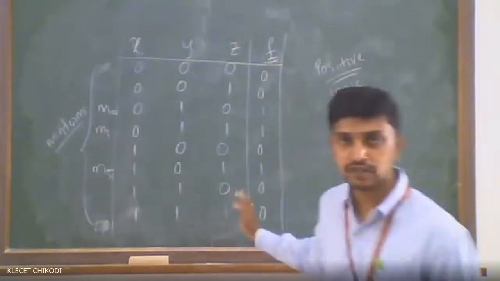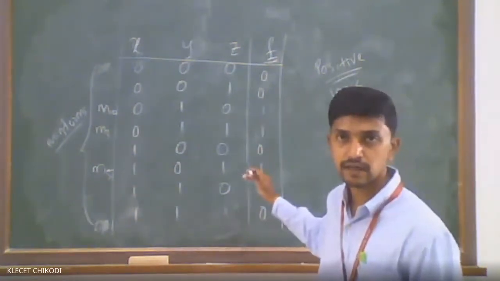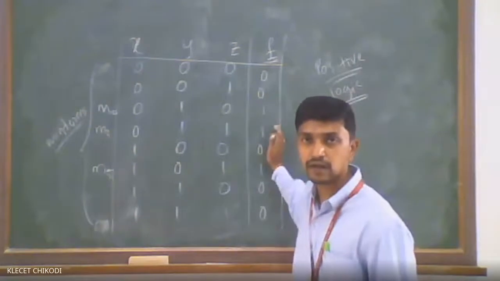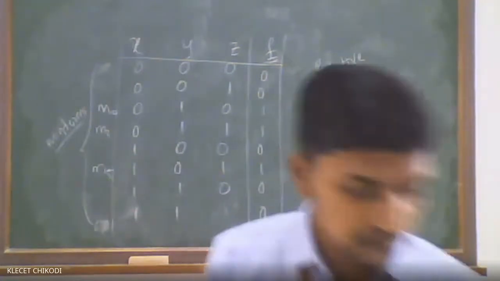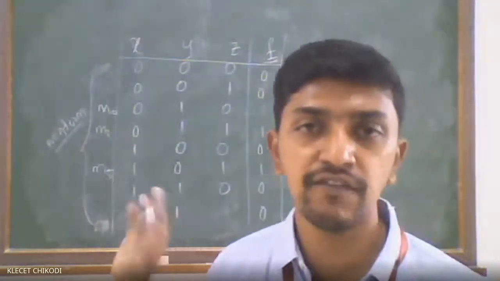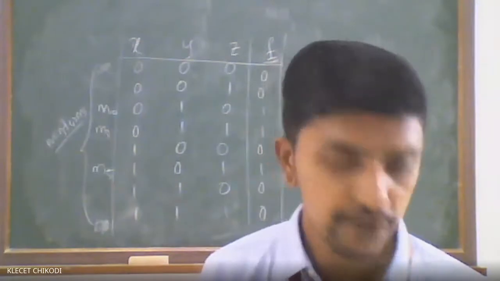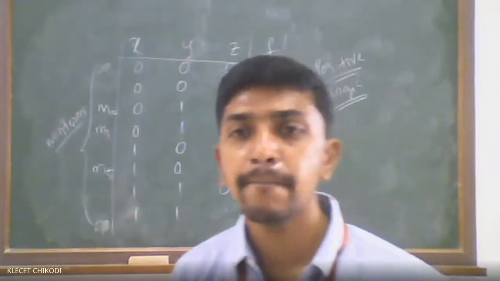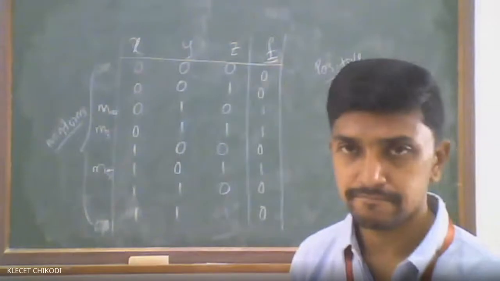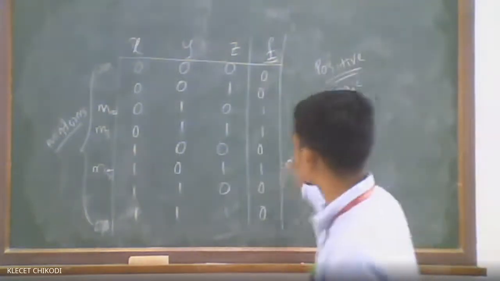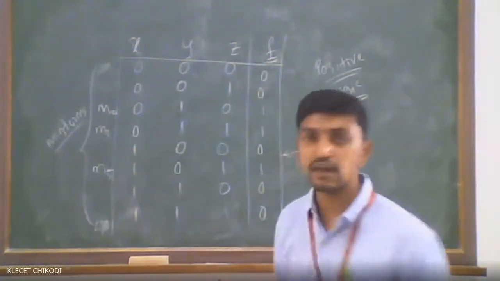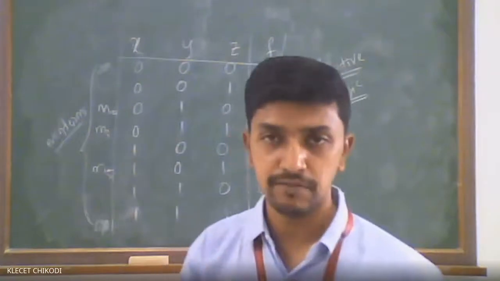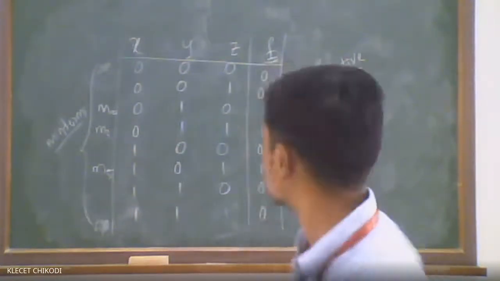So this is the question they have given, and what they have told is you have to write the canonical min term expression for this one. Actually, this truth table is a question they have given for you.